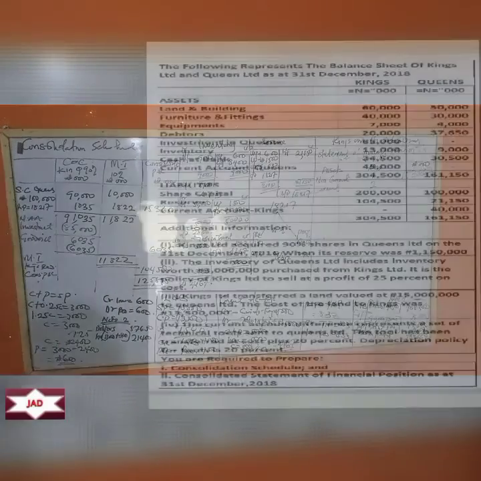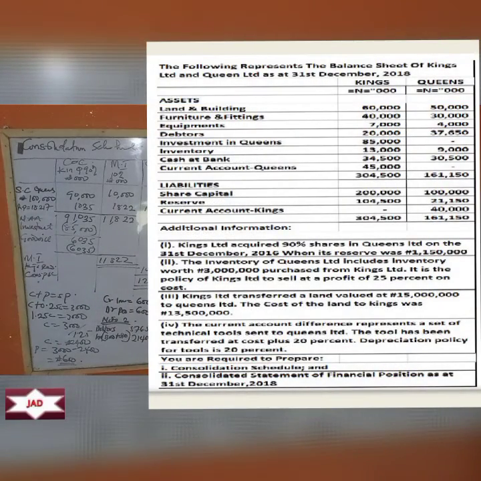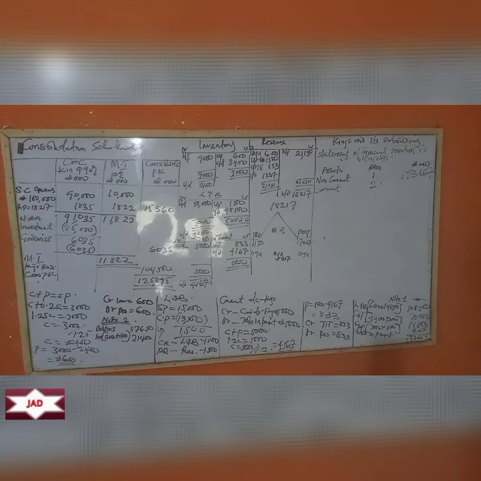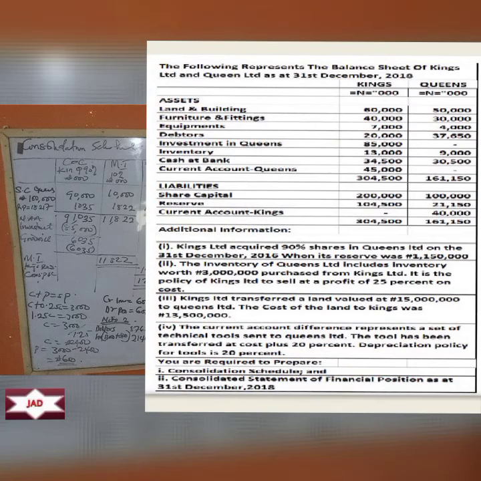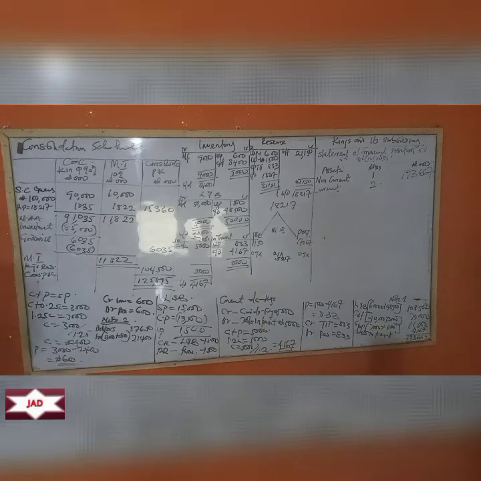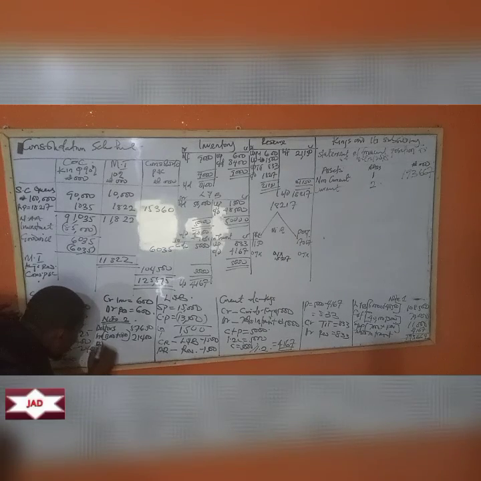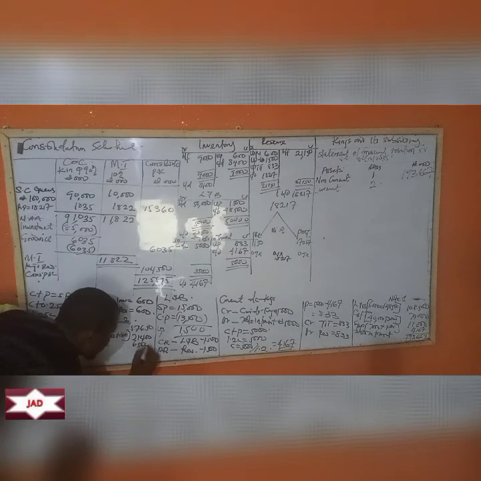What's the next item? Cash at bank. 34,500 plus 30,500, that's 65,000. So let's call this bank 65,000.